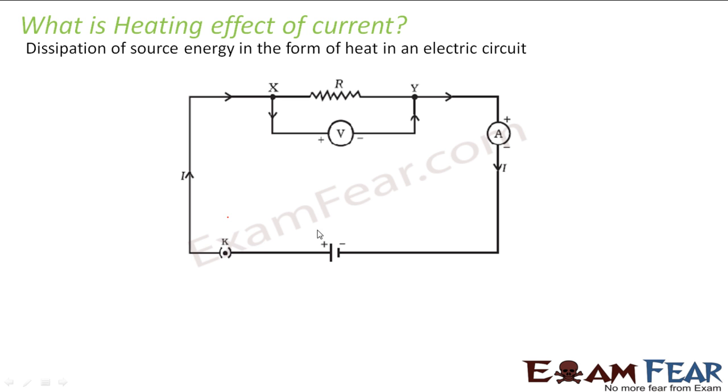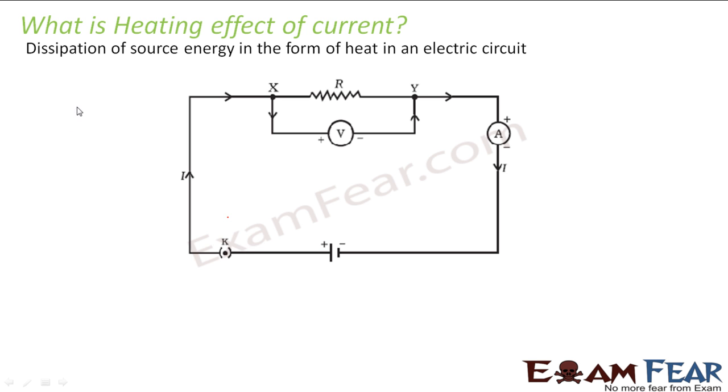It provides the potential difference, and because of this potential difference, an electric current flows in this circuit. Now some portion of the energy which comes from this source is dissipated in the form of heat. This is known as heating effect of current. Now we will see how this dissipated heat is utilized in many different ways.